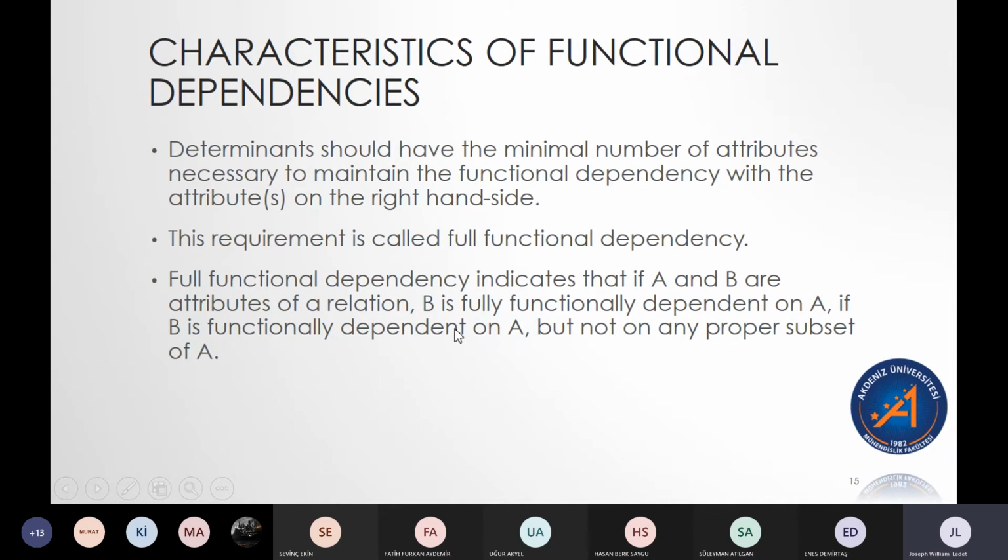This doesn't mean that some of the attributes in B are dependent on some of the attributes in A, although it could.